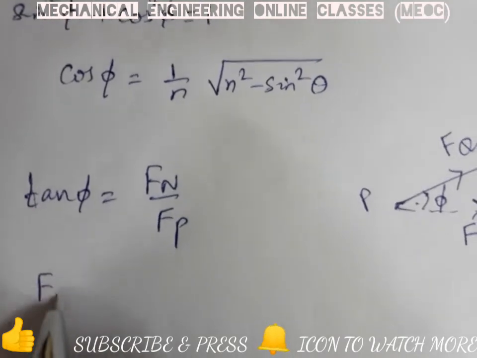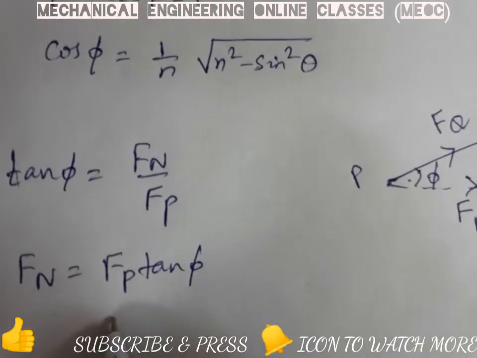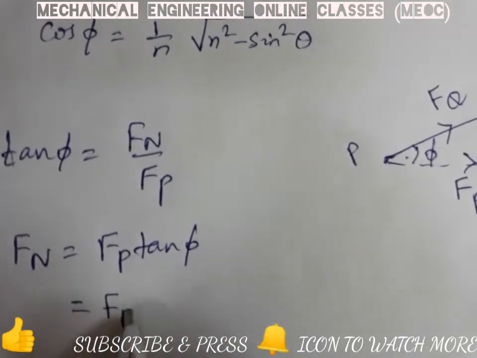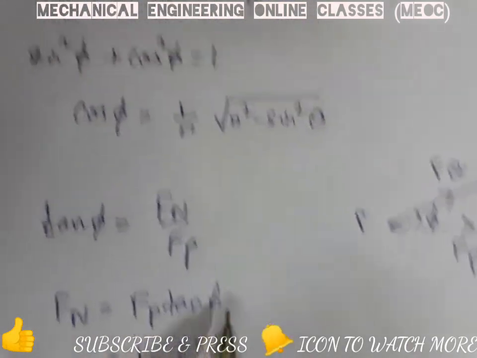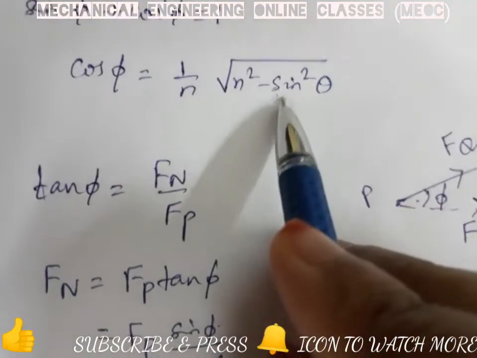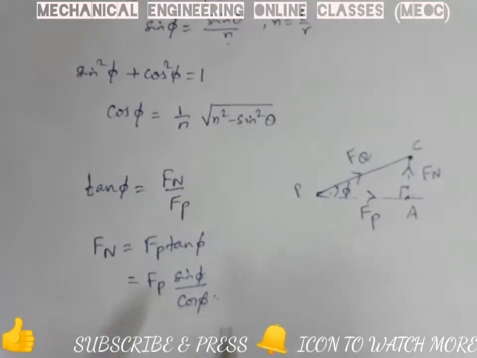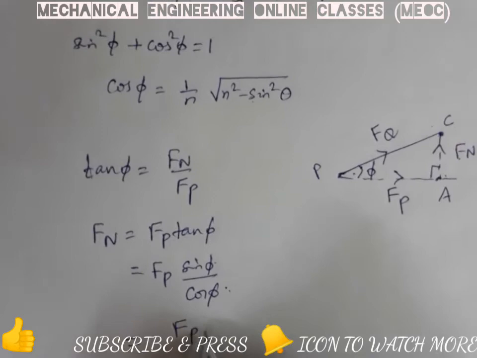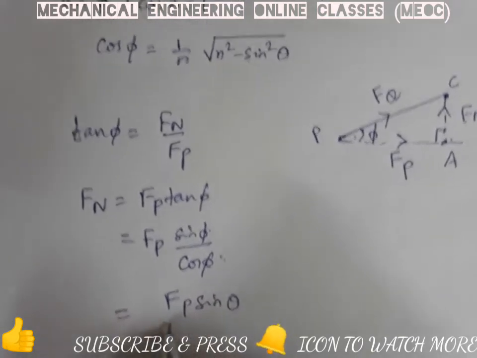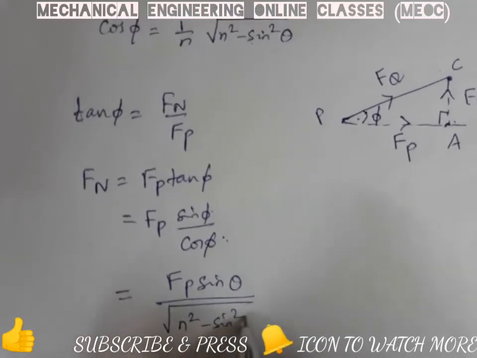And Fn can be written as Fp tan phi, or Fp sin phi by cos phi. We know sin phi in terms of theta, sin theta by n, and we also know cos phi in terms of sin theta. So substituting sin phi and cos phi in this, we will have Fn as Fp sin theta whole divided by root over n square minus sin square theta.